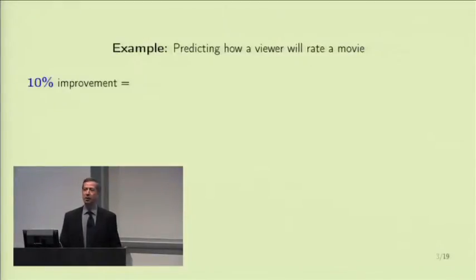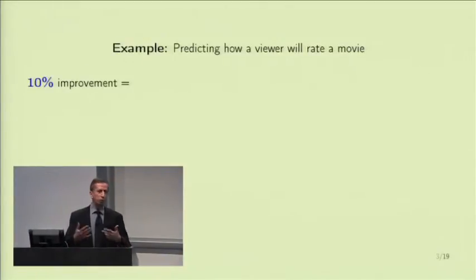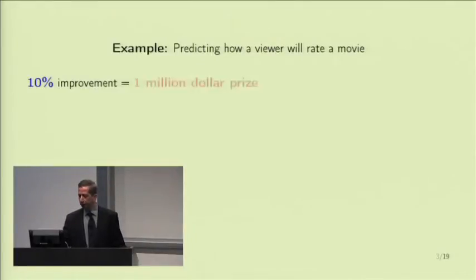Okay? So they make recommendations when you log in. They recommend movies that they think you will like, so they think that you'll rate them highly. And they had a system, and they wanted to improve the system. So how much is a 10% improvement in performance worth to the company? It was actually $1 million.